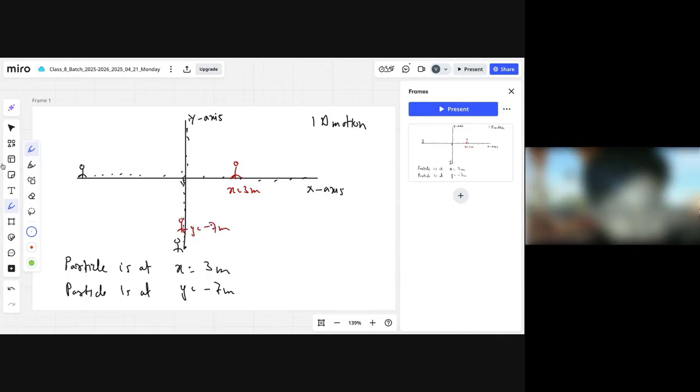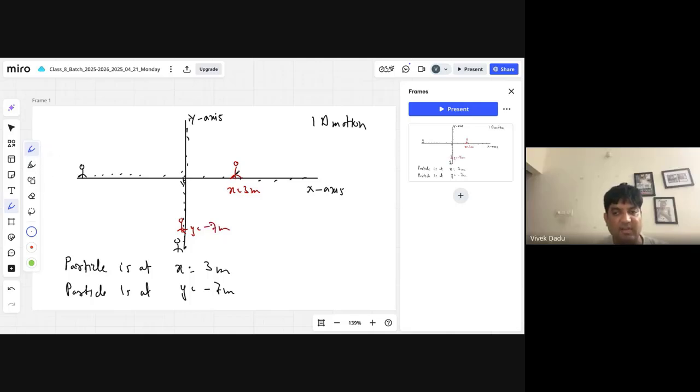So basically, you get two pieces of information here. When we say particle is at x equal to 3 meter, what are those two pieces of information? First, he is walking on x-axis.